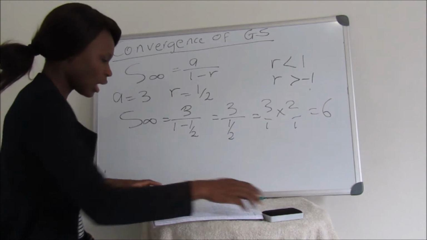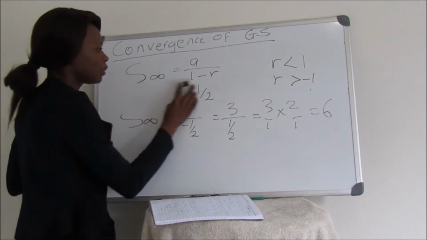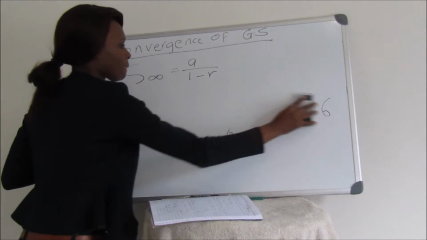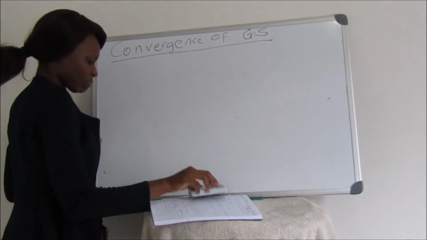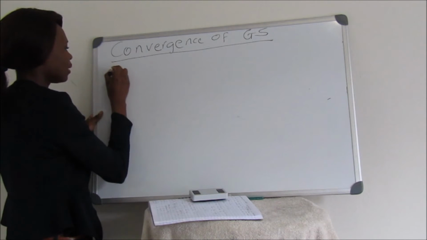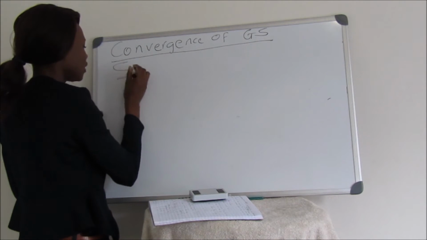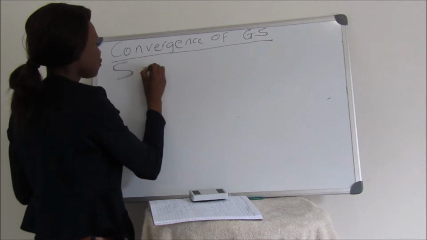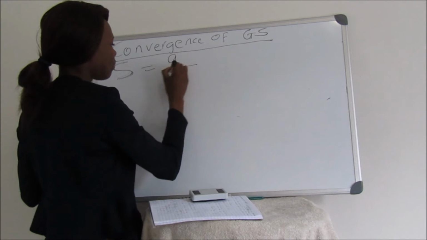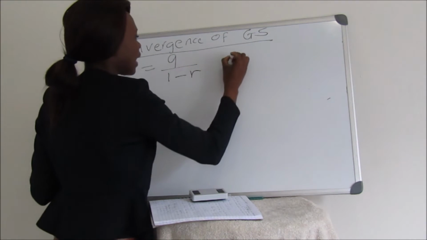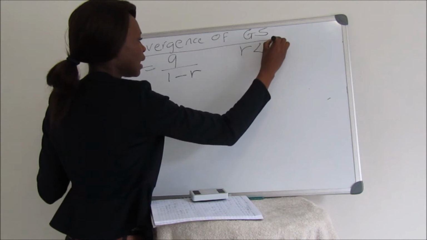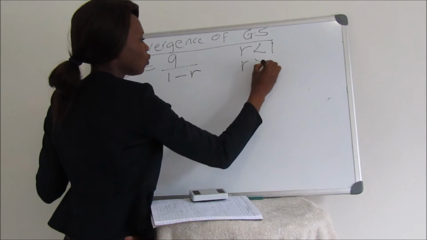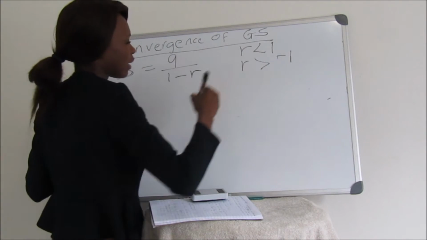Alright, let's do another example. Let me write this here. The equation for the sum of infinity is A divided by 1 minus R, and our R should always be less than 1 and greater than -1.